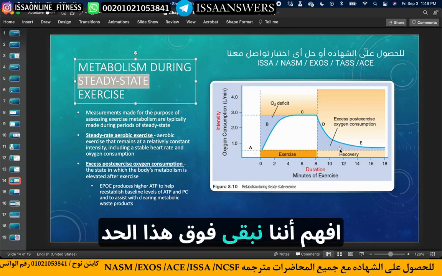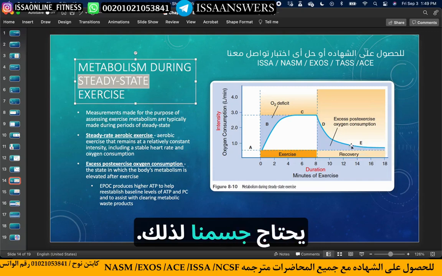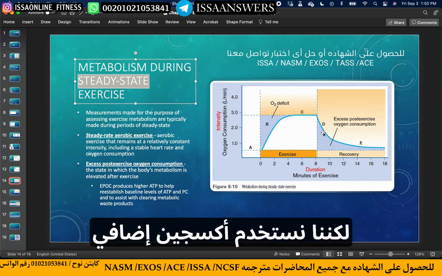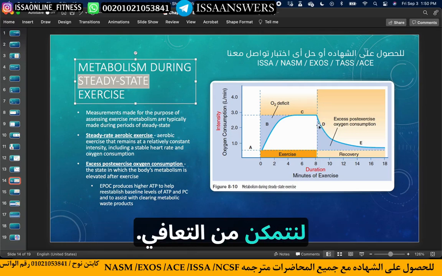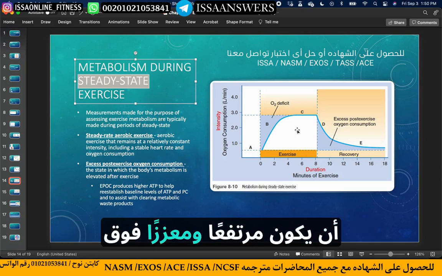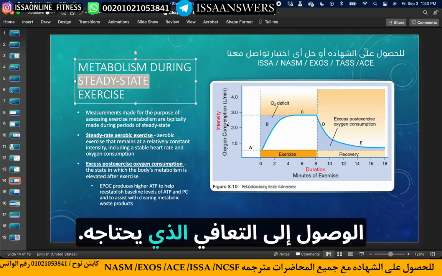We stay above that resting threshold for as long as our body needs. So we're burning additional calories, but we're utilizing additional oxygen to recover. So our body has to be elevated above resting levels so that it can lead to the recovery that it needs.